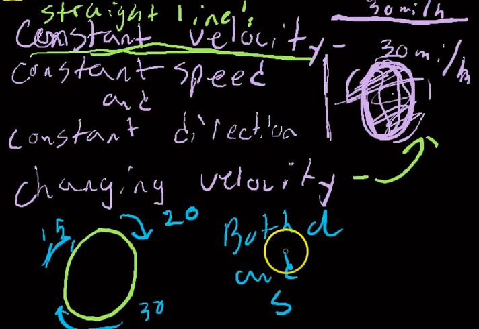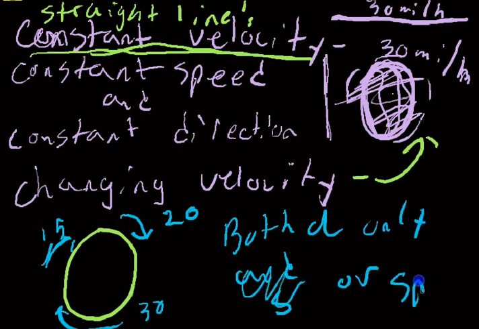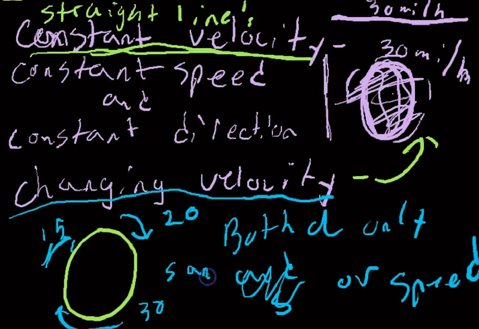But it could be either. He could change direction only or speed only. It doesn't matter. Changing velocity means either speed, S, or direction, D, is changing, or both. Either one of those has to be changing for changing velocity to occur. So that is the more common one in everyday life because you have stoplights in cars and whatnot.